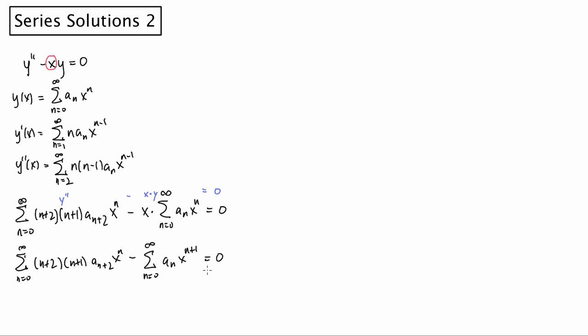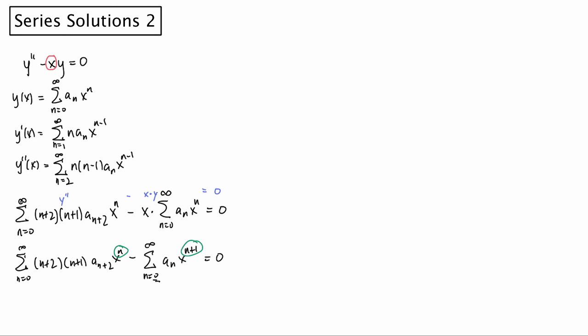I would like to have the indices match as well as the powers of x match. And notice that as of right now, even though I have the indices matching, the powers of x do not match. So the only way that I can really address this is if I pull out a term that's a part of this polynomial.